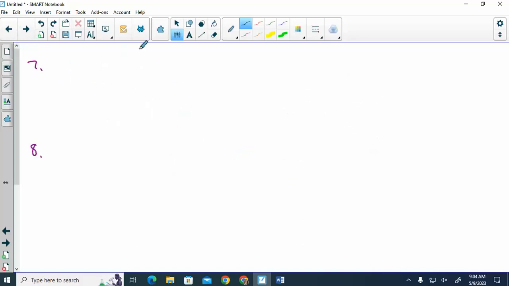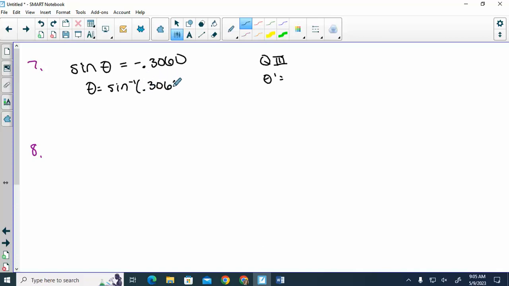Number 7. We know that sine of theta is negative 0.3060, and we are in quadrant 3. So what I want you to get is the reference angle. To do the reference angle, if you're looking for an angle, that's when you do the inverse. So we do sine inverse of the positive, and we get 17.8183.